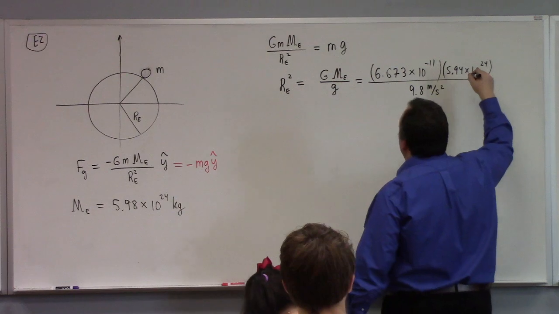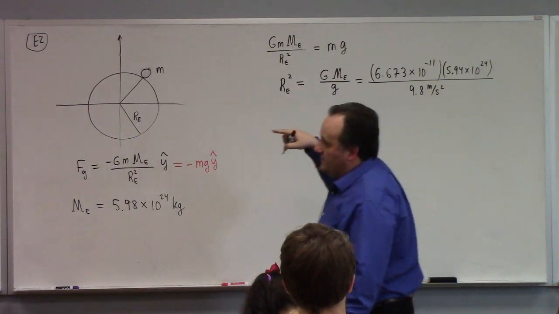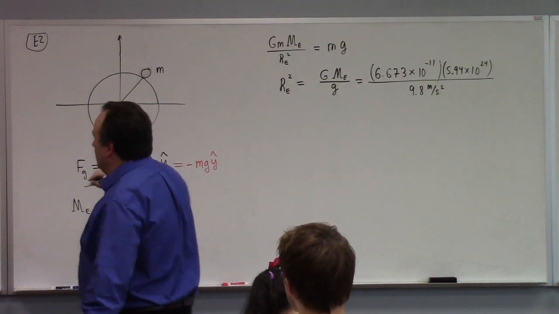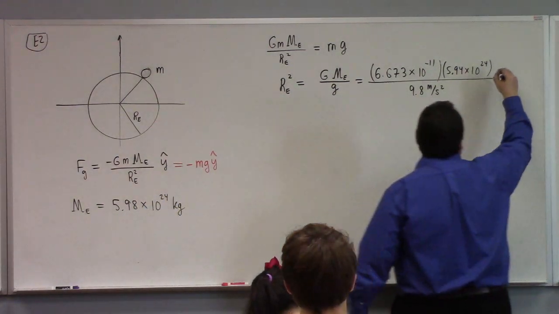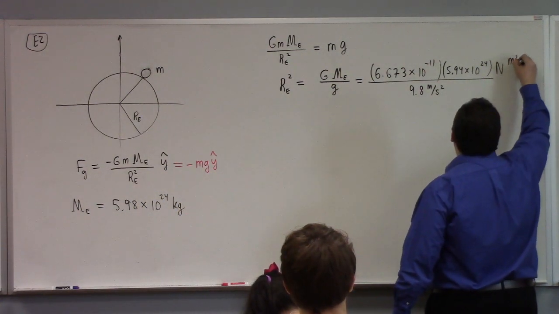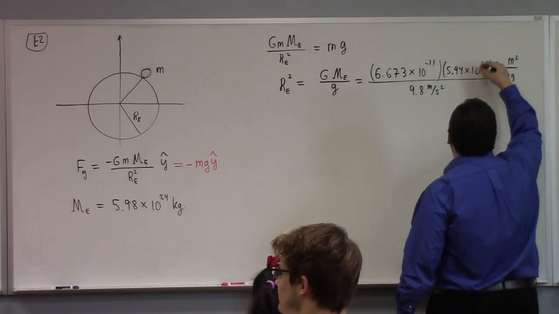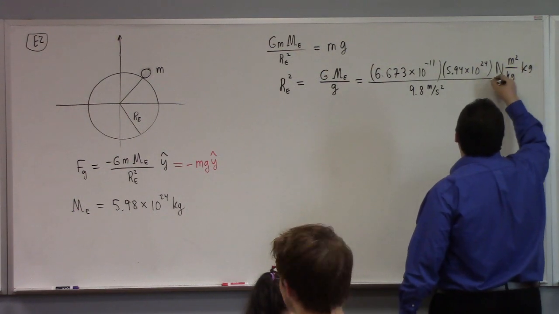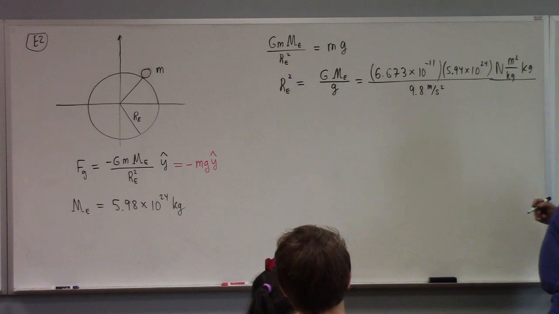What are the units up here? The universal gravitational constant has units of Newton meters squared per kilogram. So we've got Newton meters squared per kilogram, and then the kilogram from the mass of the Earth. Kilograms, they be canceling.